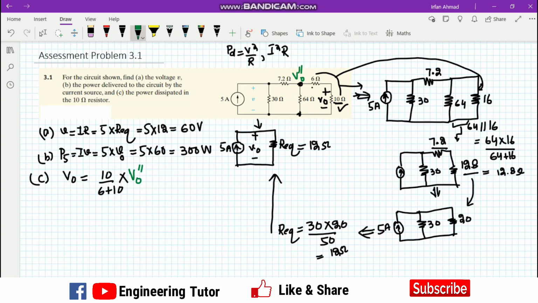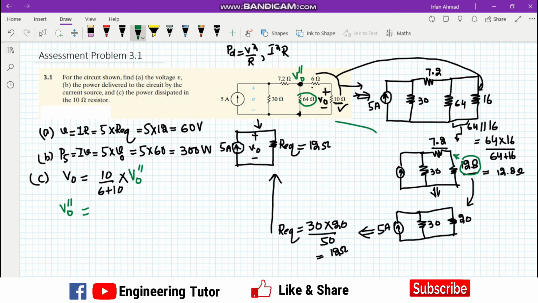So to find out the value of V naught double prime, we have V naught double prime is equal to, this resistance. So this resistance is not that 64, this is the equivalent resistance of the overall. So the equivalent resistance of this overall is now this 12.8, and this is now this 7.2.